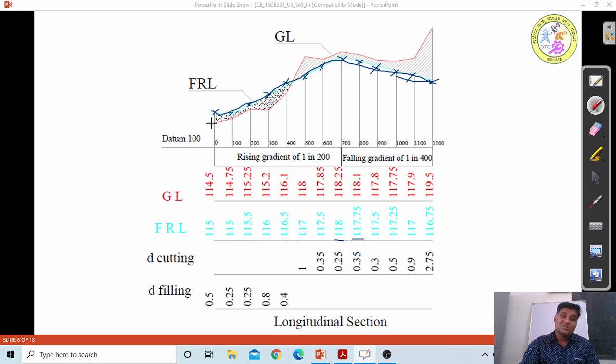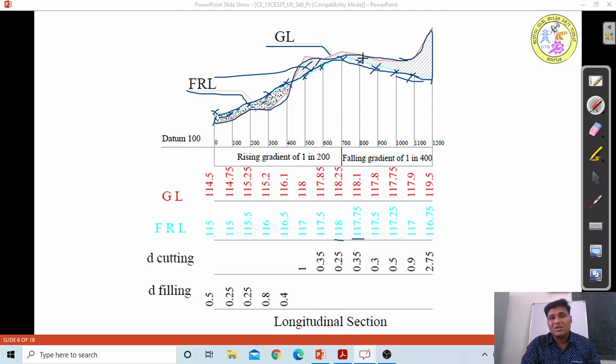So this is the ground level and this is the formation level. Since the formation level is higher than the ground level, I have to fill the earth in this portion. And from here the formation level is lower than the ground level.